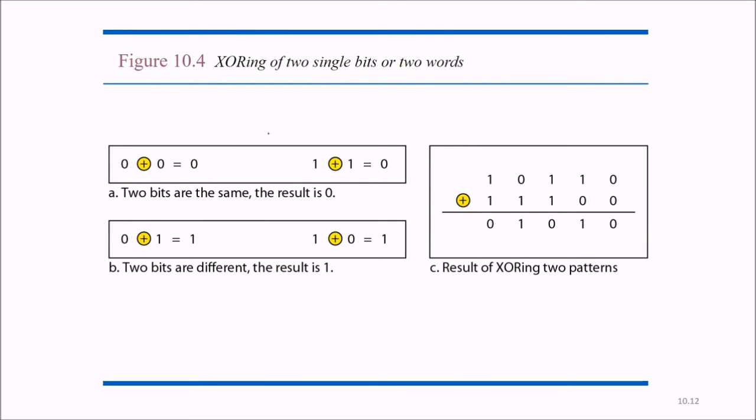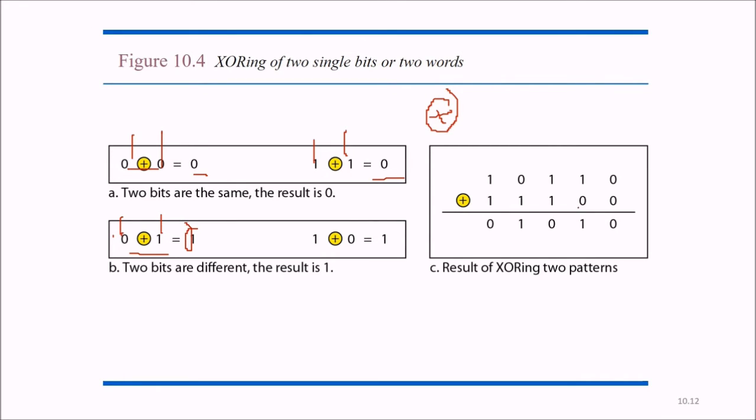What is XORing? If two bits are the same, either both 0 or both 1, and we XOR them, XOR being given by this symbol, we'll always get 0. But if the bits for XORing are different, say 0, 1 or 1, 0, we'll always get 1.